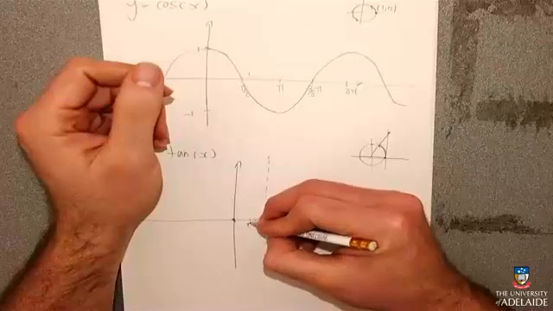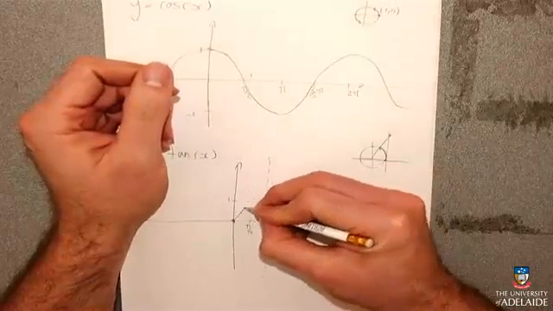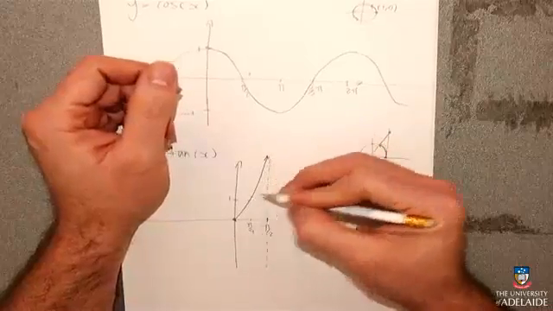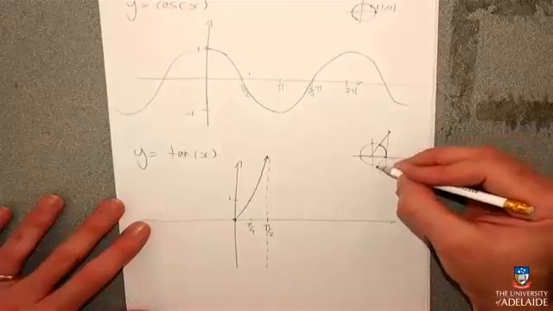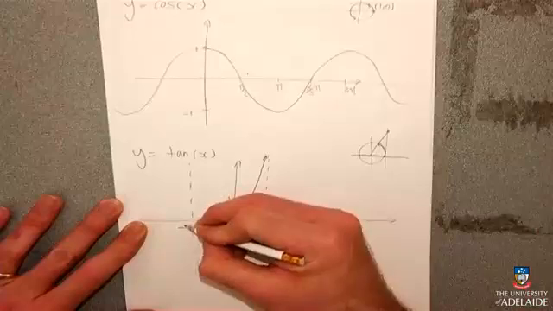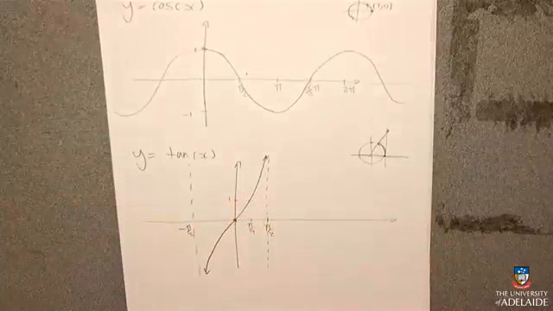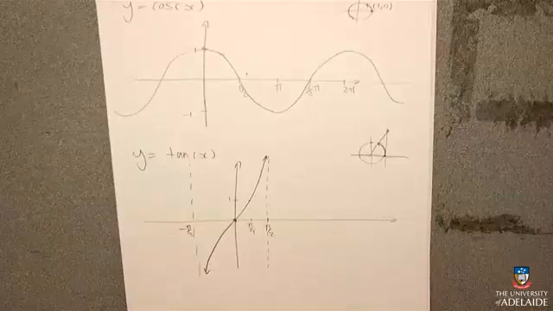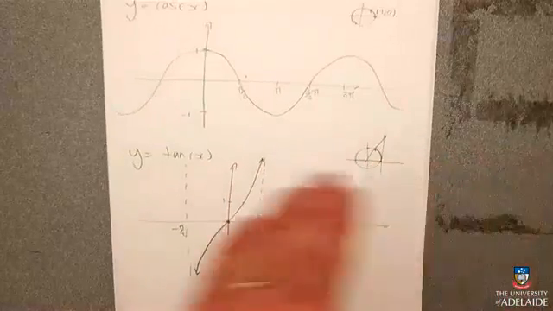It's useful to know that here at pi on 4, the answer is 1. And if I go in the opposite direction, the same thing happens, but in the opposite order. Like that. There you go. And then this shape is copied forever in both directions.